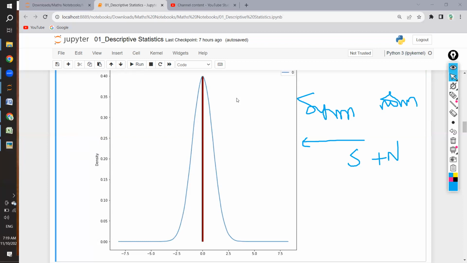Sirisha, what you are asking, the code is in R or Python? This is Python. Can nobody say what type of distribution this is that we have just seen? Is this symmetric or normal, or symmetric and normal? Symmetric and normal.